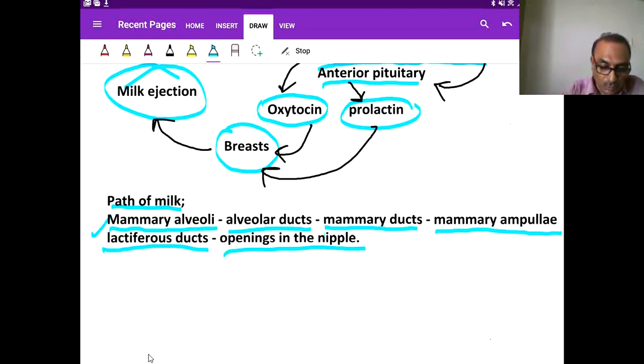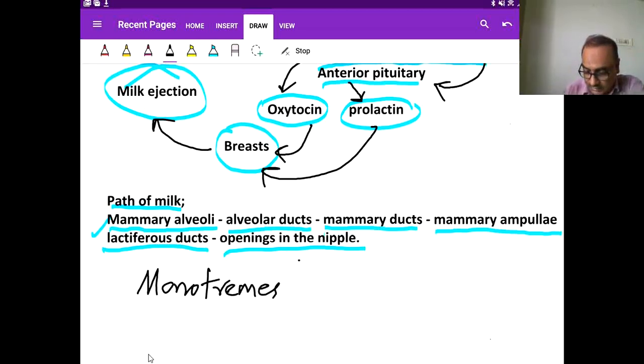Now a little more information let me give you, because sometimes such questions may appear. Take monotremes, which are nothing but egg-laying mammals.